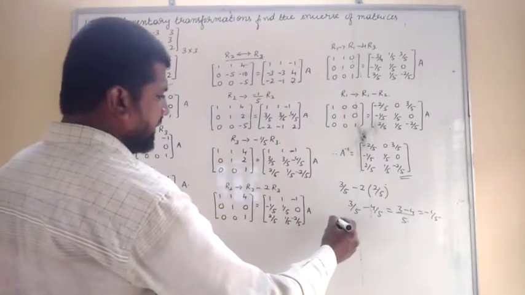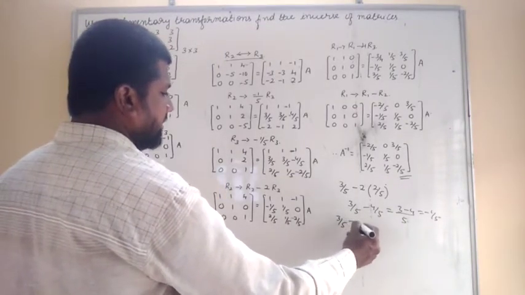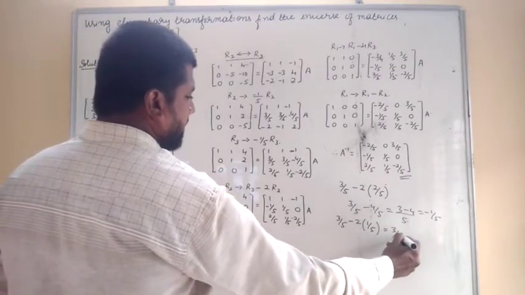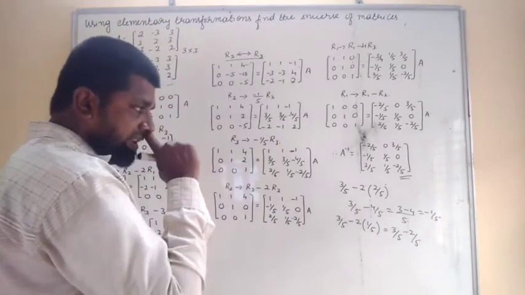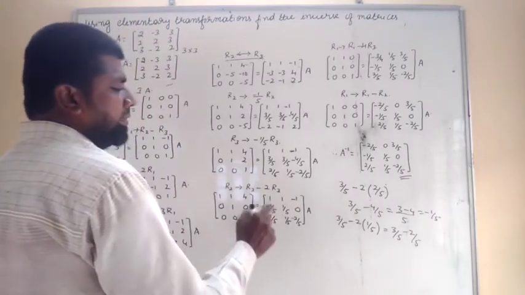So again let us go for the second element. The second element is 3 by 5 minus 2 into 1 by 5. Here we are getting 3 by 5 minus 2 by 5. Then denominators are the same, so the numerator can be subtracted. 3 minus 2 means 1 by 5. We got 1 by 5 here.